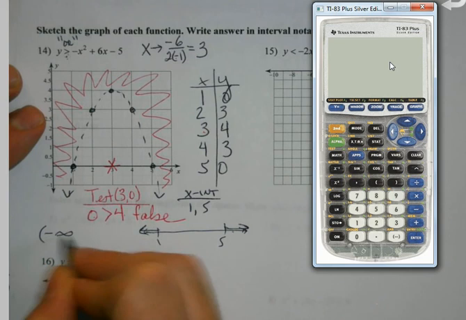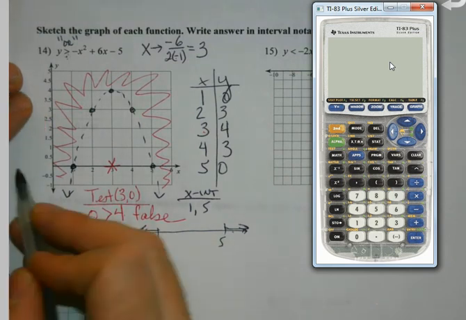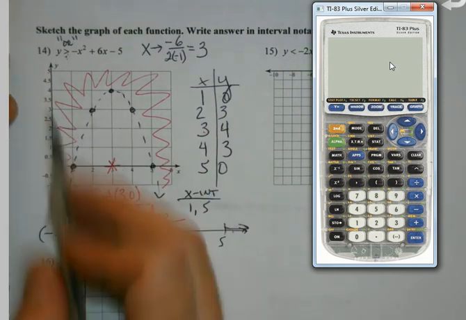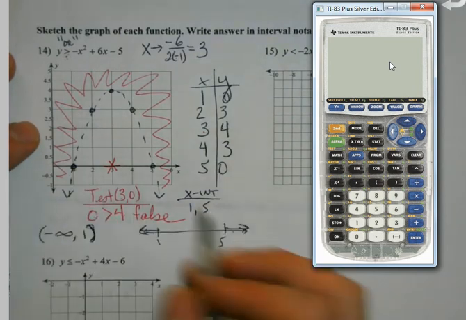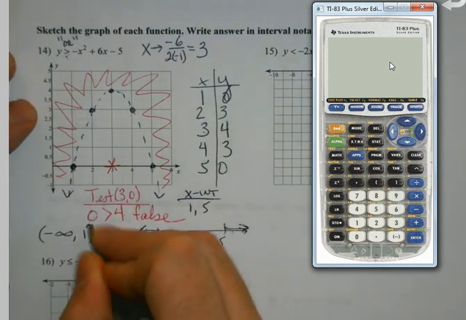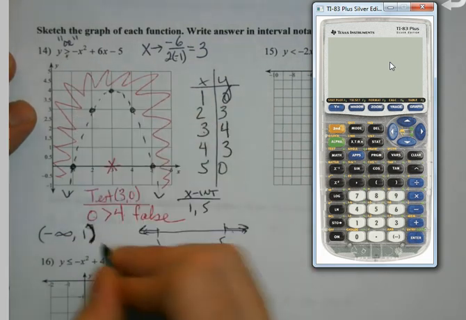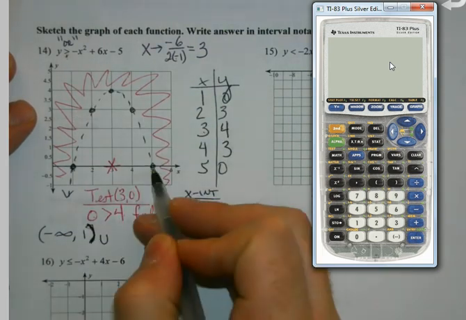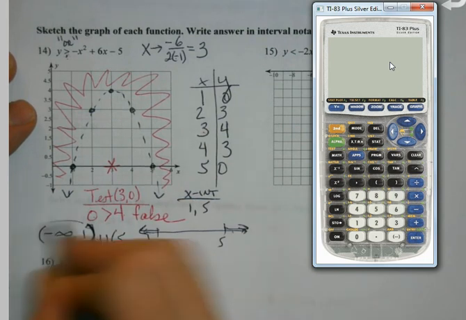We'd be going from negative infinity until 1. The shading goes beyond my graph, out here to the left. This one I would be parenthesizing because I don't have the or equal to on that one. And then I would start back up again at 5 and go off to infinity.